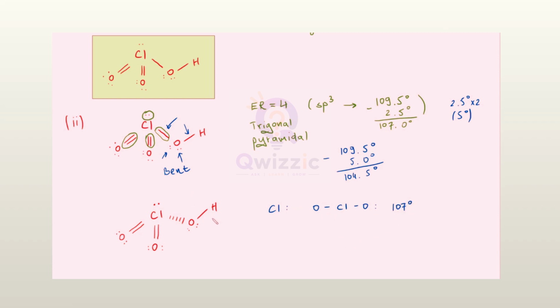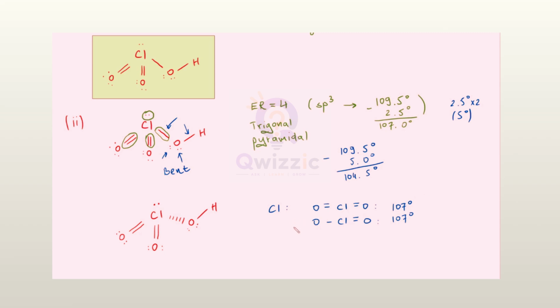In addition to that, we have OClO bond angle for our single bonded oxygen atoms. So the first one was between double bonded oxygen atoms, and now we have single bonded oxygen atoms. So OClO, one of the oxygen atoms is double bonded. That would also be 107 degrees because each of the angles is 107 degrees.